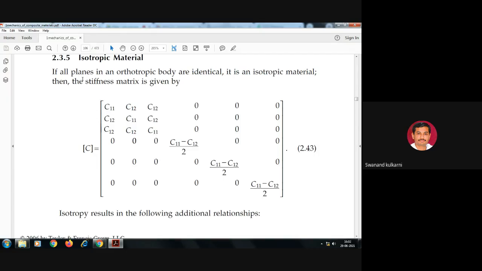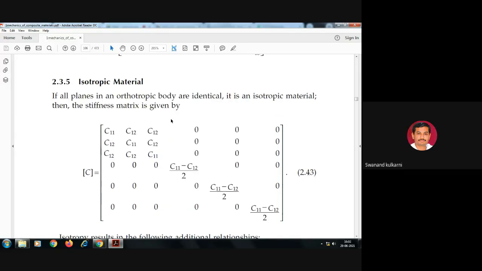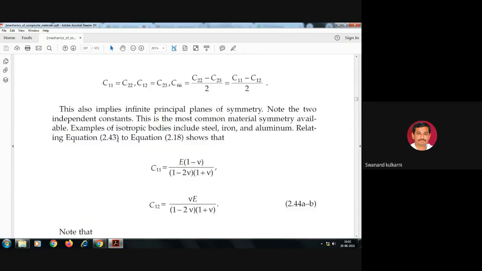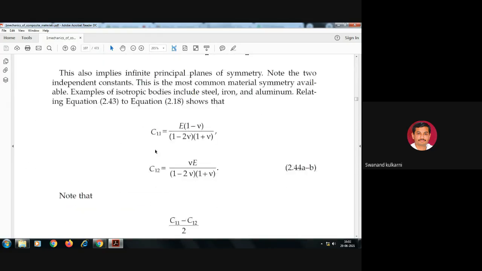If we look at the stress-strain relationship here, we can see C11, C12, C12 only. Similarly, C12, C11, C12 is here. What does it represent? It represents that if the material is isotropic, then only 2 constants are sufficient in order to establish the relationship between stress and strain or strain and stress. So for isotropic material, what is C11?